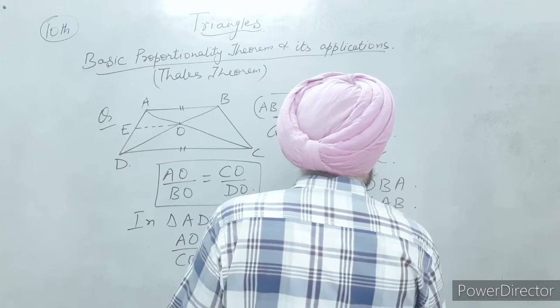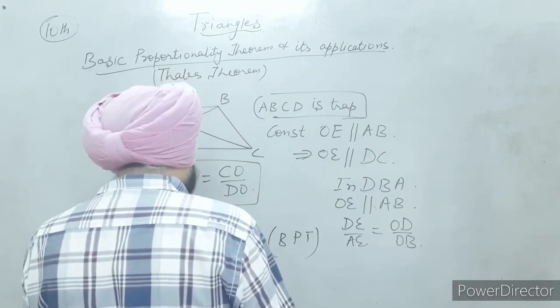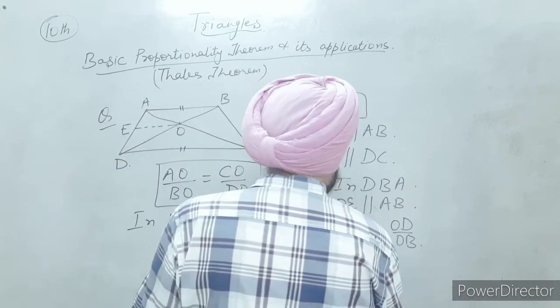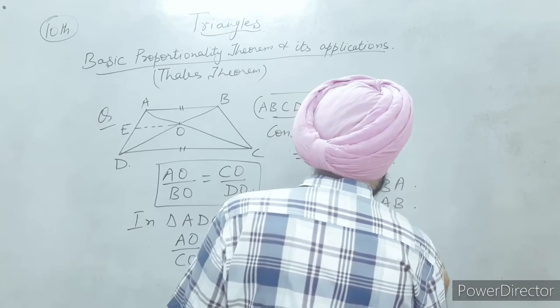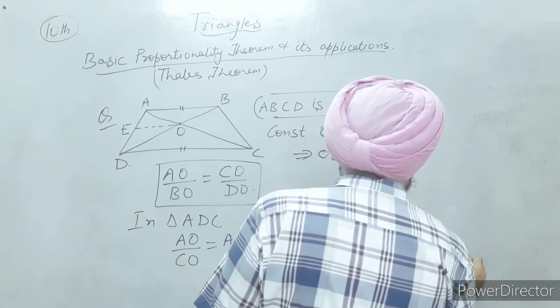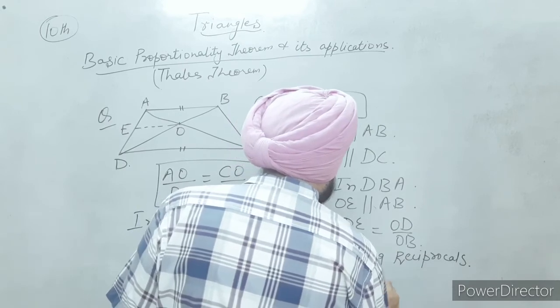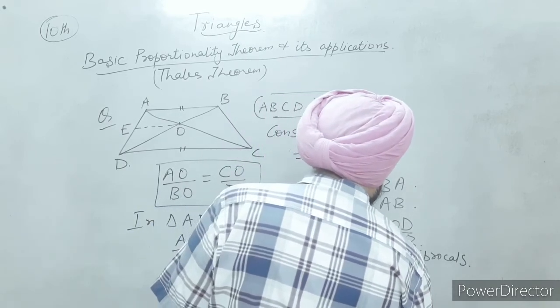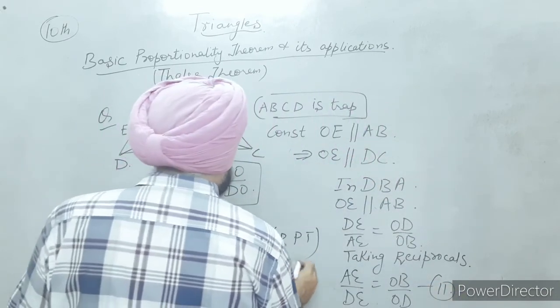Now just take the reciprocals. If we take the reciprocals, what happens? It will be AE upon DE is equal to OB upon OD. Let this be second. This is your first.